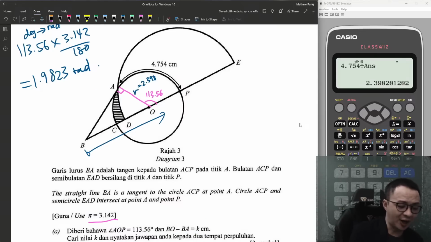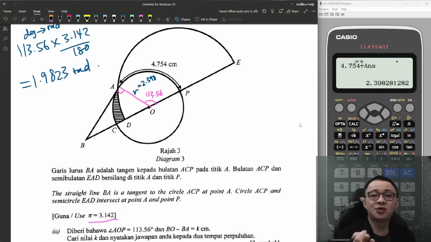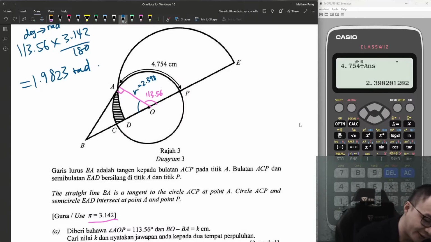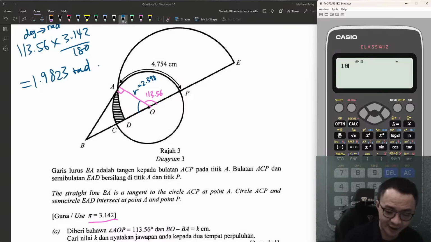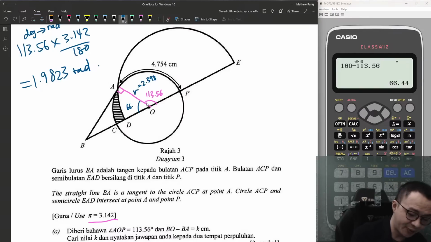So I need to solve this triangle. Since I already drew the 90 degree over there, all of you should know this is a right angle triangle. So I just need to find this angle. 180 minus 113.56 is 66.44. Then I want to solve the triangle to get the length.